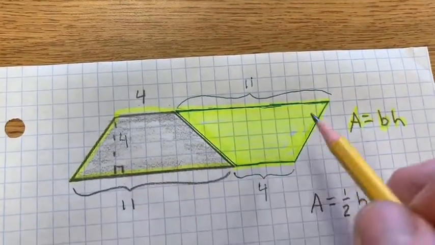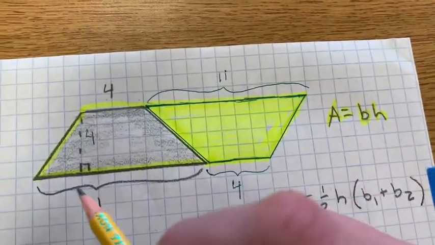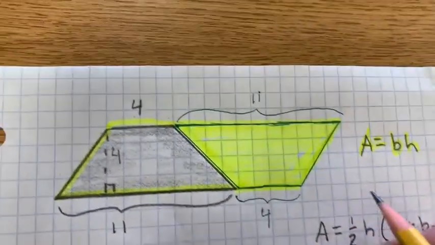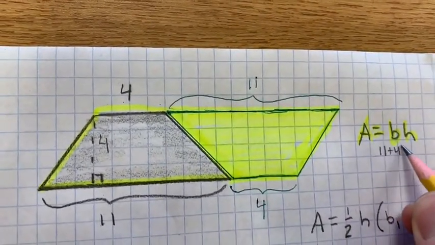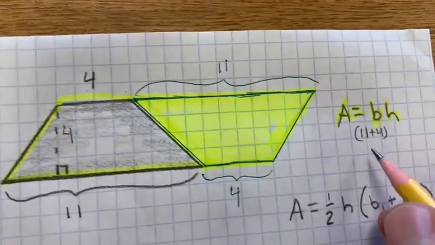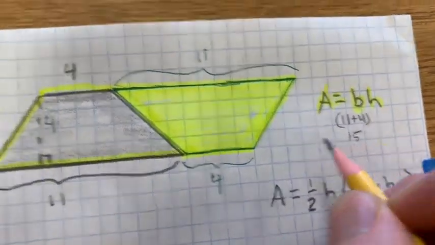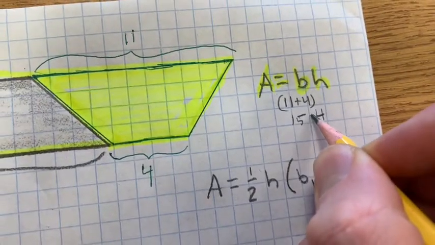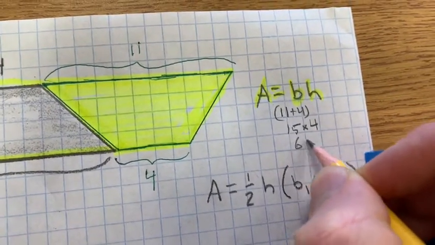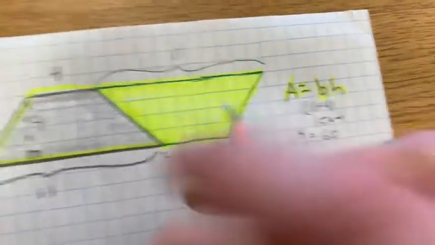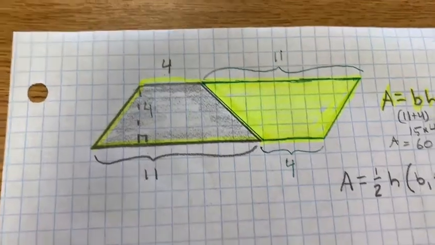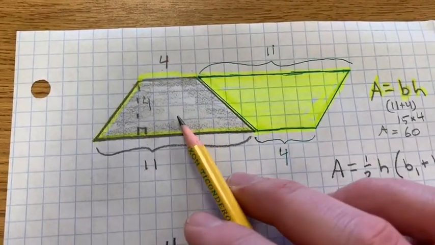So if it was this giant parallelogram, the formula would be base, which is actually 11 plus 4, which is 15, times the height, which is 4. And 15 times 4 is 60. Now that's the area of everything. I only want half of that. I want 30. That's what the area of this is.